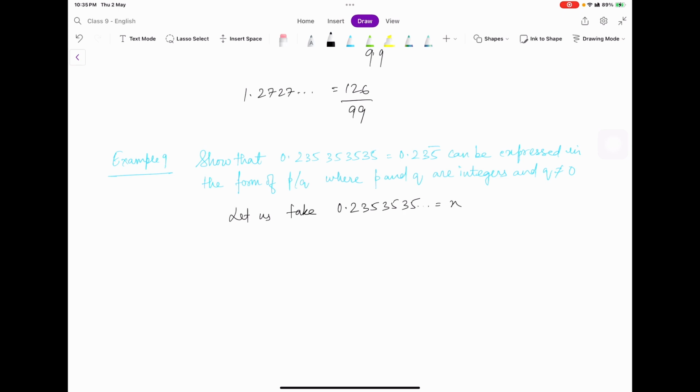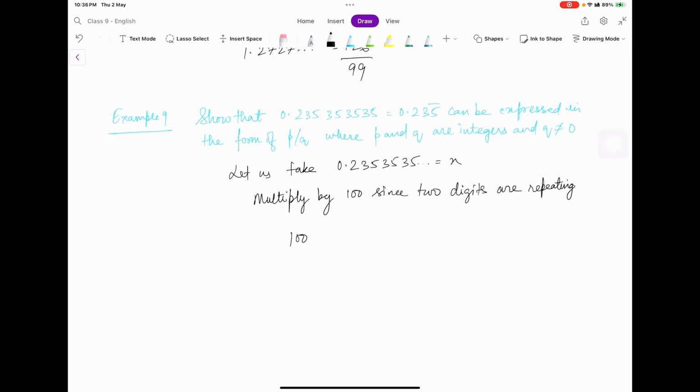Since two digits are repeating, multiply by 100. We multiply by 100, that will become 100x equals 23.53535 and so on.